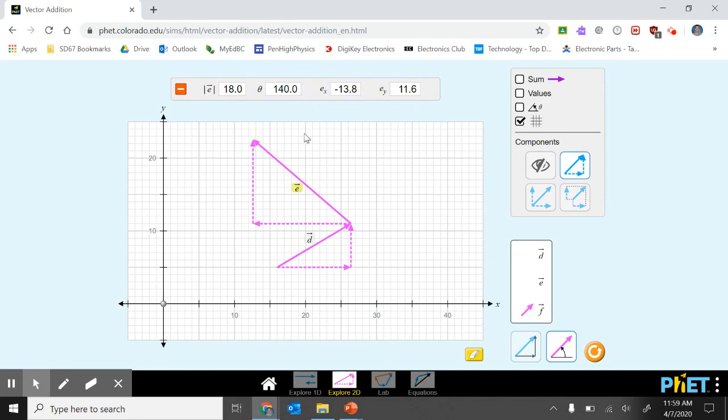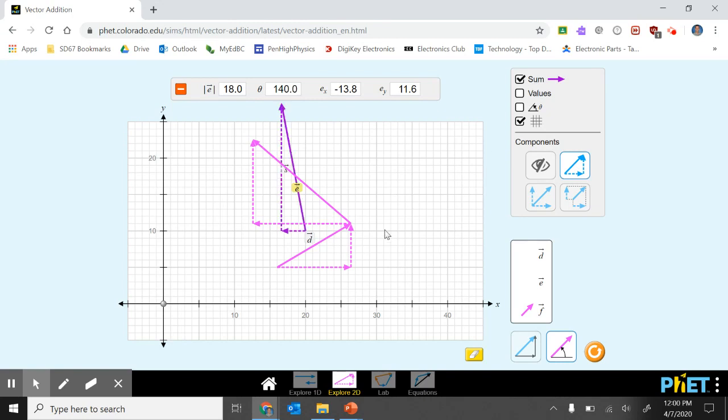When we are adding vectors using components, we're really going to add up the X components and the Y components separately. So in this vector, this D, we'll add the X component of D and the X component of E. The result of those two things is going to give us the X component of our resultant.